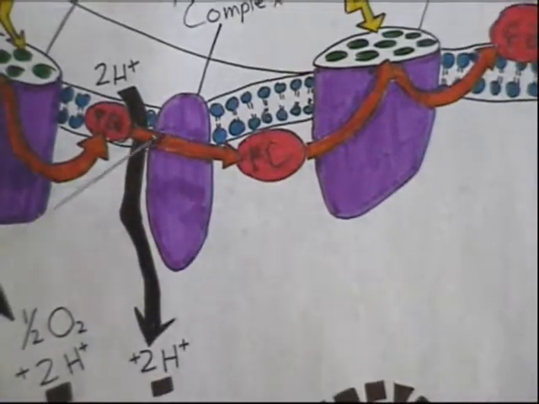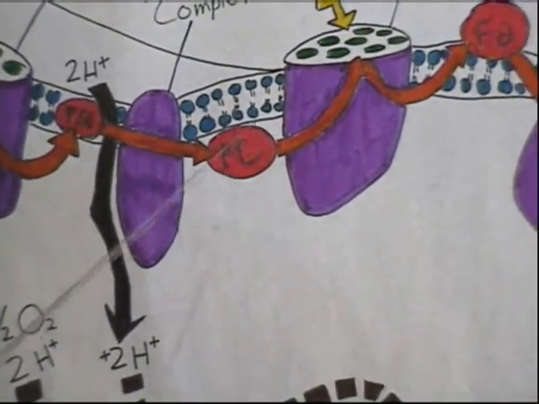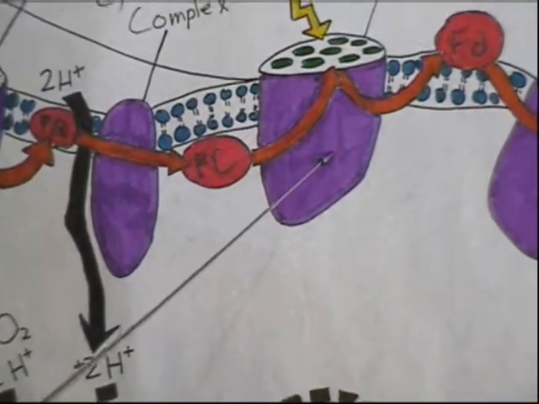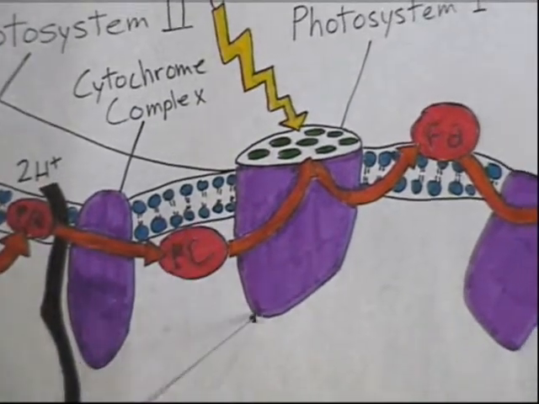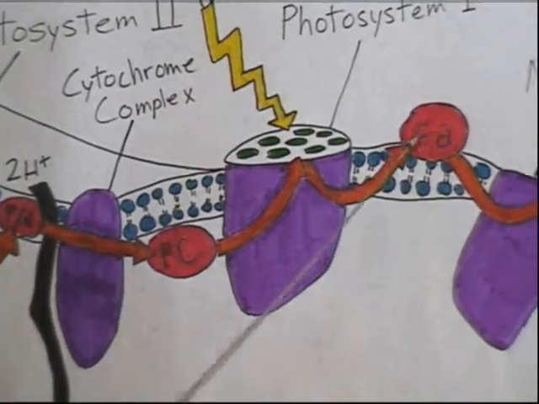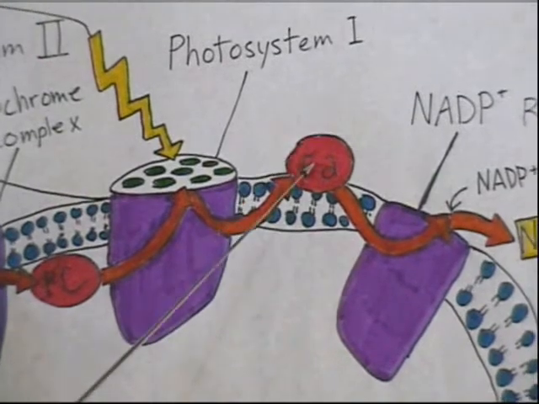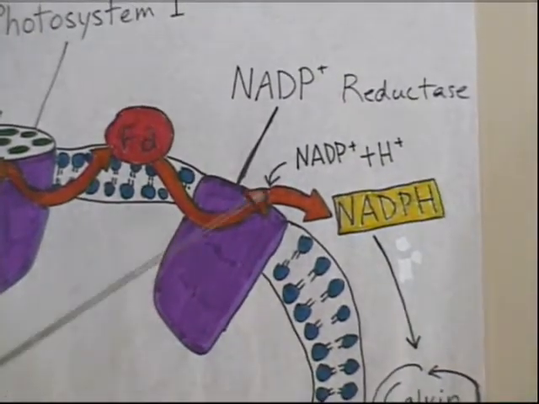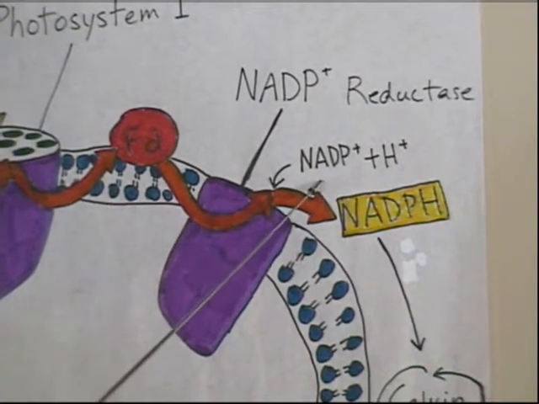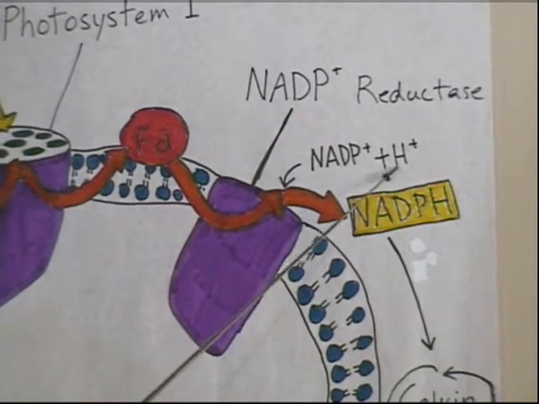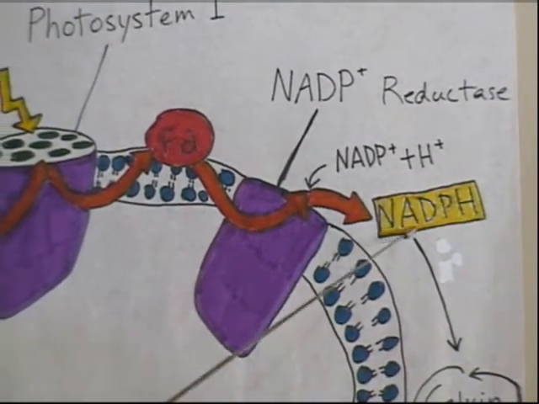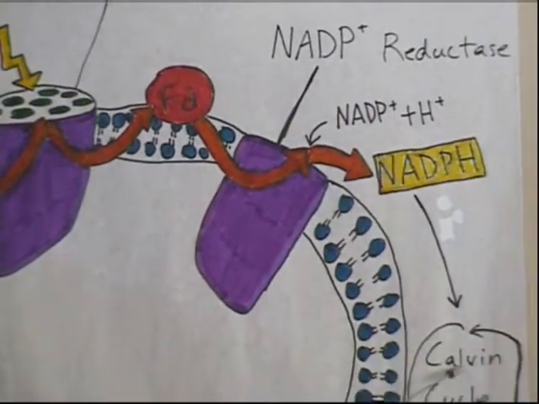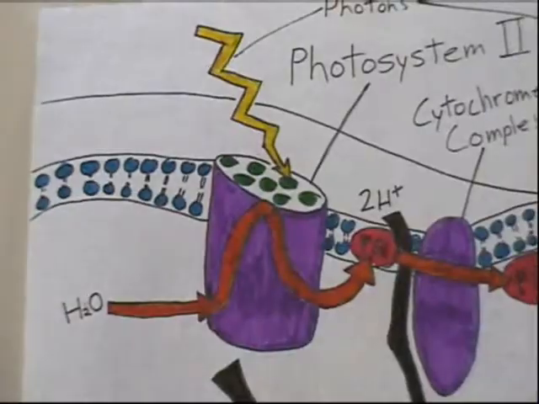From there, the electrons are transported through another carrier called PC to photosystem 1, where their energy levels are again raised and moved by the electron carrier FD to NADP plus reductase. Here, the electrons are used to join NADP plus with a hydrogen to make NADPH, which is one form of energy used in the Calvin cycle.